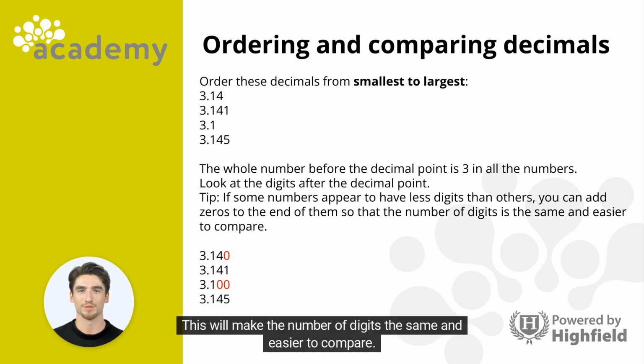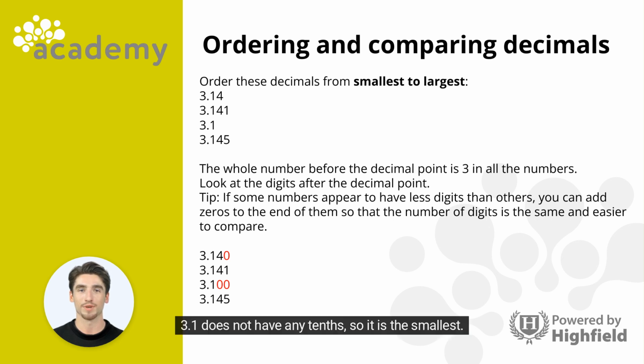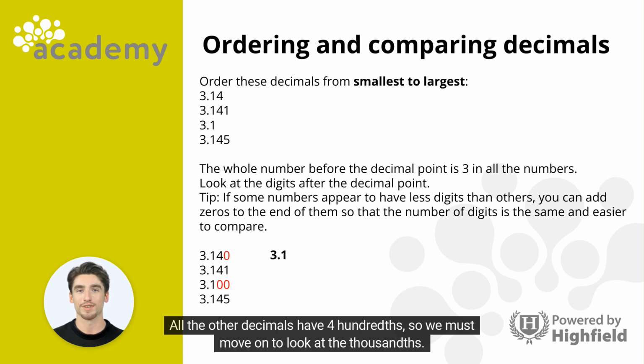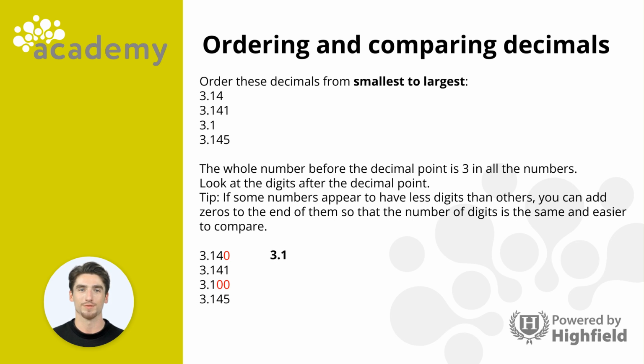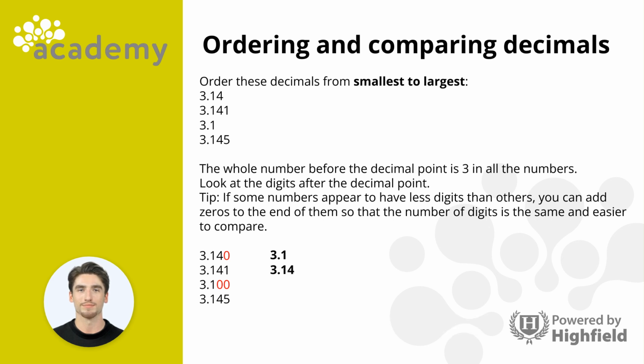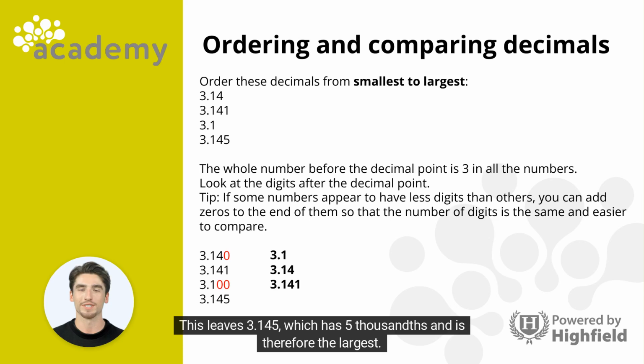This will make the number of digits the same and easier to compare. 3.1 does not have any tenths, so it is the smallest. All the other decimals have 4 hundredths, so we must move on to look at the thousandths. 3.14 does not have any thousandths, so it is the second smallest. 3.141 has 1 thousandth, so it is the third smallest. This leaves 3.145, which has 5 thousandths, and is therefore the largest.